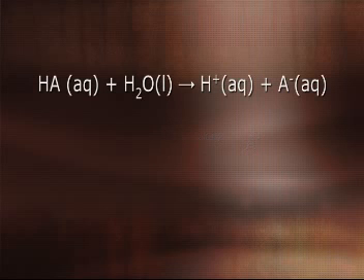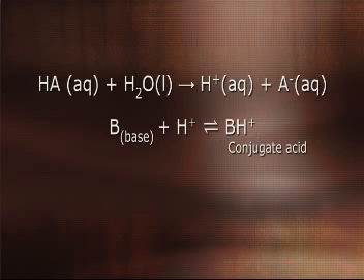Students, please look at this hypothetical acid, HA. This acid releases a proton, H+, and its conjugate base, A-, when it dissociates. After accepting a proton, a conjugate base reforms the acid. When a base, B, accepts a proton, it produces its conjugate acid.